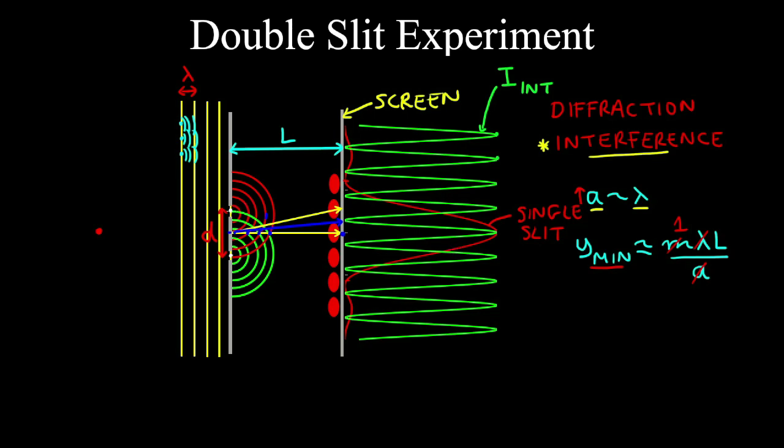Now if we draw a ray from one slit to some point on the screen, and from the other slit to the same point, and then take a perpendicular line from the bottom ray, we denote this distance as the additional distance that this wavefront has to travel compared to the other one.